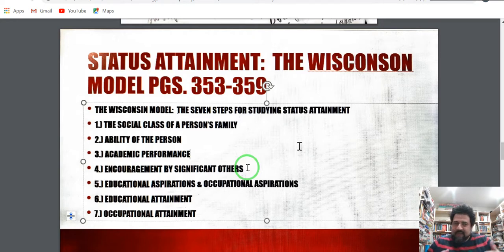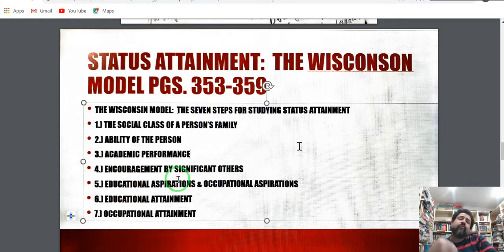So you have several dimensions and layers of support, emotional support, financial support, that help you in your self-esteem and encouragement towards your life's attainments. And that's also very important when you study a person and see what effect these significant others, their family members, their loved ones, had on them.